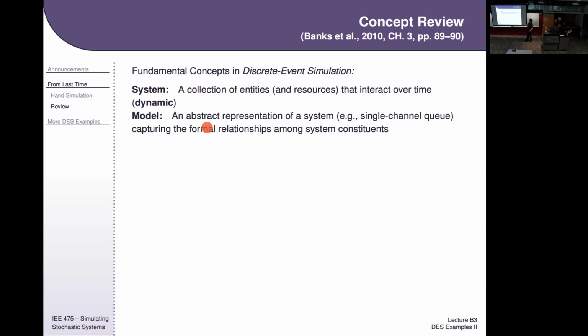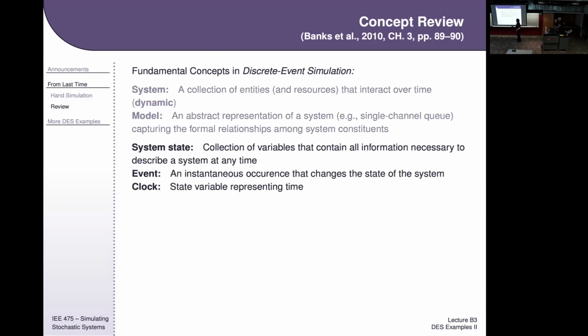A model is an abstract representation of that system. So models answer what-if questions. If I have my system that's in my mind, the thing that I'm interested in working with, then my model is a version of the system that allows me to say, what if I made this change to my system? How would the output change? So that's what we mean by model here.